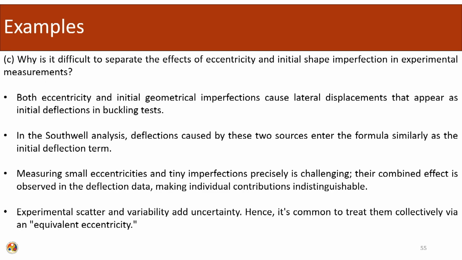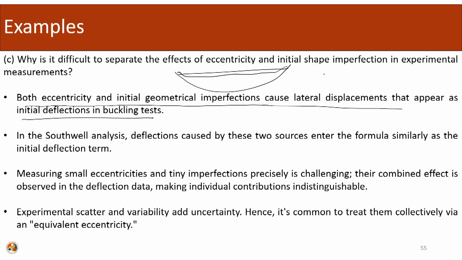The challenge here is that both eccentricity and initial geometric imperfections cause lateral displacement that appears as initial deflection in the buckling test. If there is an imperfection or an eccentricity, both are going to cause lateral displacement. The effect is similar.